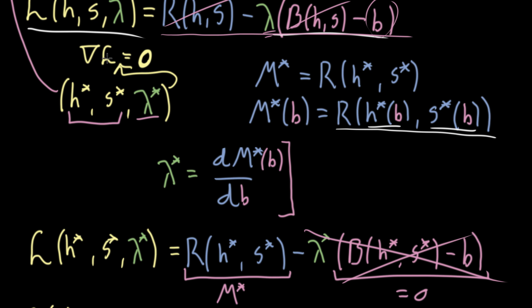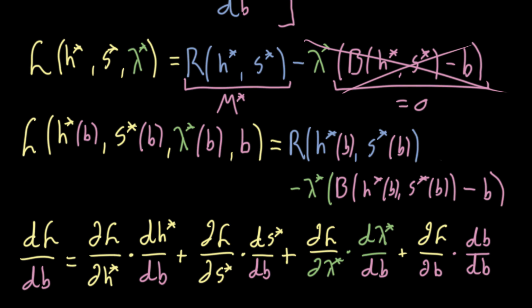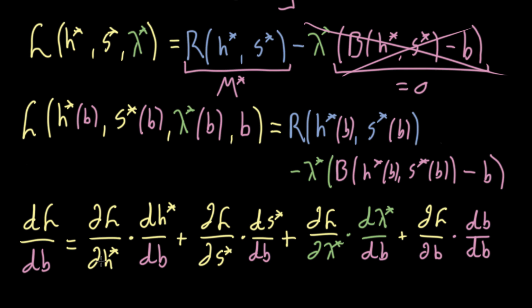But if you think about that, what does it mean for the gradient of L to equal the 0 vector? Well, what it means is that when you take its derivative with respect to that first variable, h star, it equals 0. When you take its derivative with respect to the second variable, that equals 0 as well. And with respect to this third variable, that's going to equal 0.